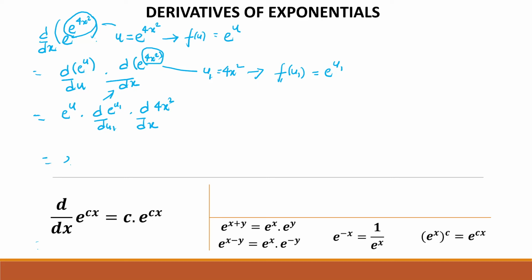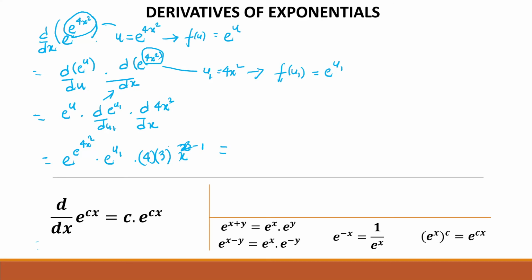So we can substitute the value of u, which was e to the power 4x squared, times the derivative of e to the power u1, which is e to the power u1 times the derivative of 4x squared, which would be 4 times 2 coming down, and then x to the power 2 minus 1.